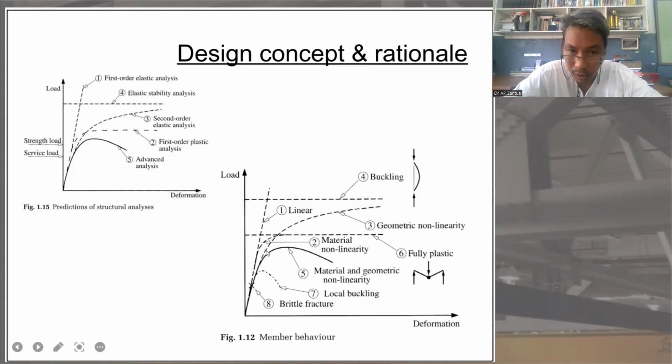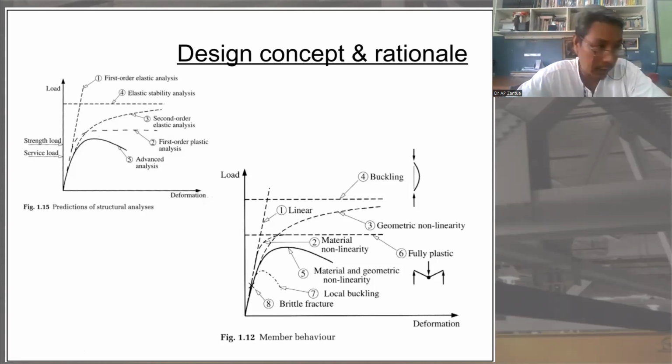So afterwards, the behavior of material will differ greatly from the model. So for example, the material is buckling. So we have to predict it by using what? Elastic stability analysis.